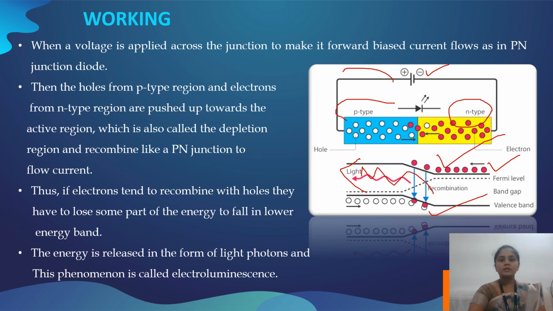The major thing to be considered in an LED is that whenever there is a recombination of charge carriers, the electrons travel from the Fermi level to the valence band, and in between there is the process of recombination. Obviously, it emits light. Whenever it emits the energy, it is in the form of photons. We know that light is always made of photons. Photons are charge carriers which have a neutral charge.